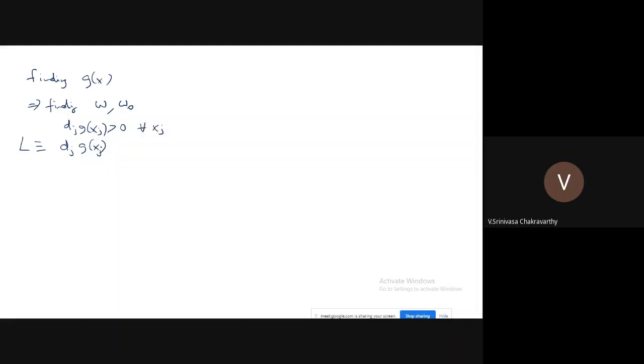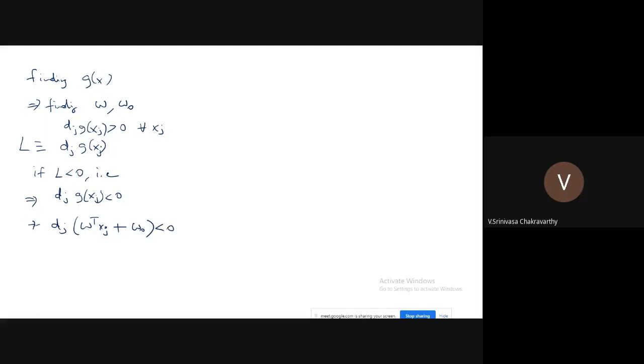So we'll define a cost function called dj times g of xj. Okay, if L is negative, that is dj times g of xj is negative, that is dj times w transpose xj plus w naught.